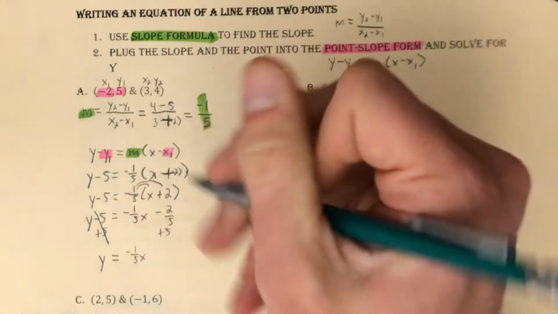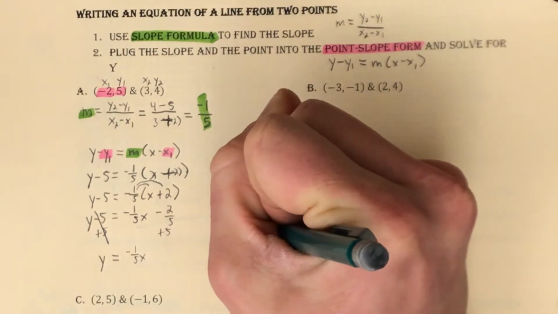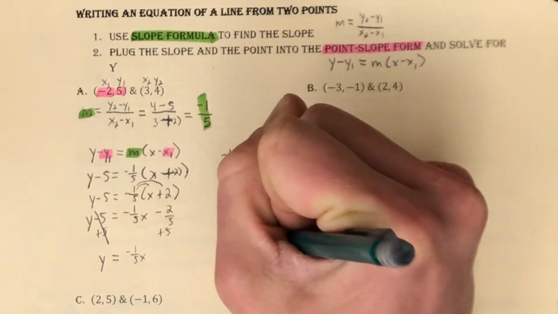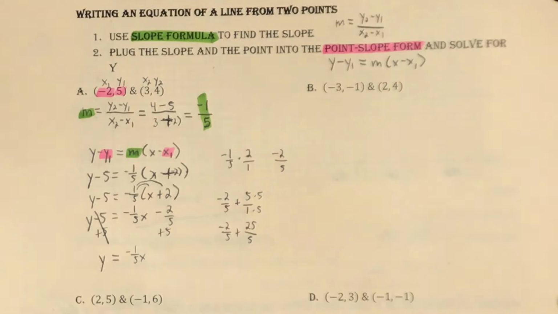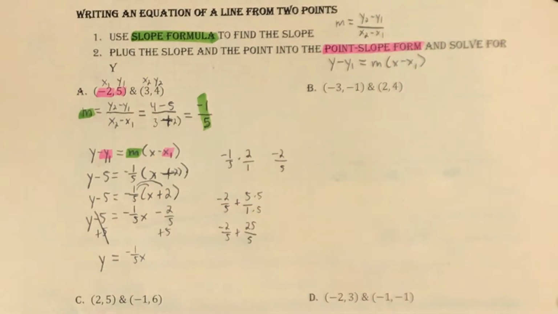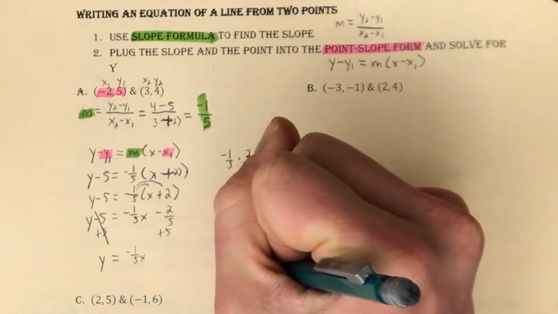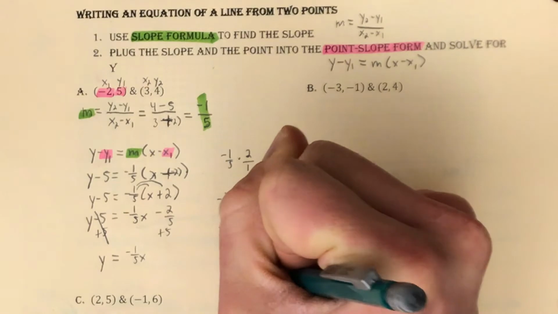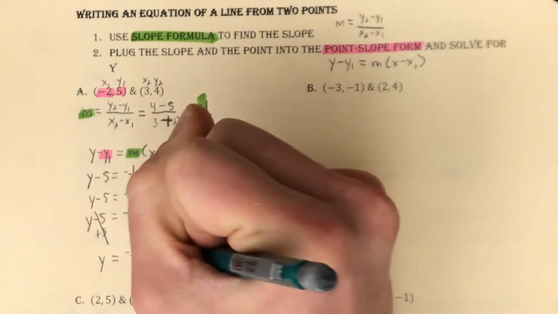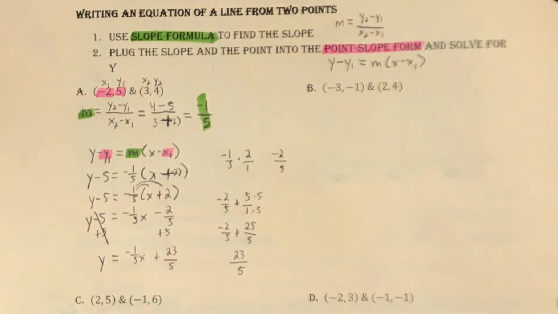So when I do that, I end up with negative 2/5 plus 5 times 5 is 25 over 1 times 5 is 5. And then I need to combine them. Well, negative 2 plus 25, right, that is positive 23 over my denominator stays the same of 5. So I ended up with positive 23 over 5, or 23/5.